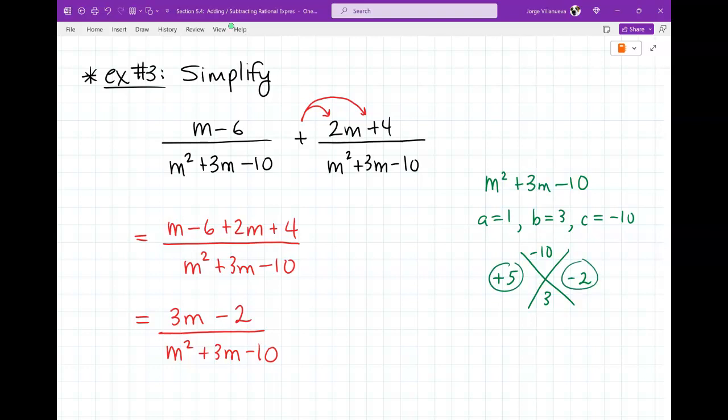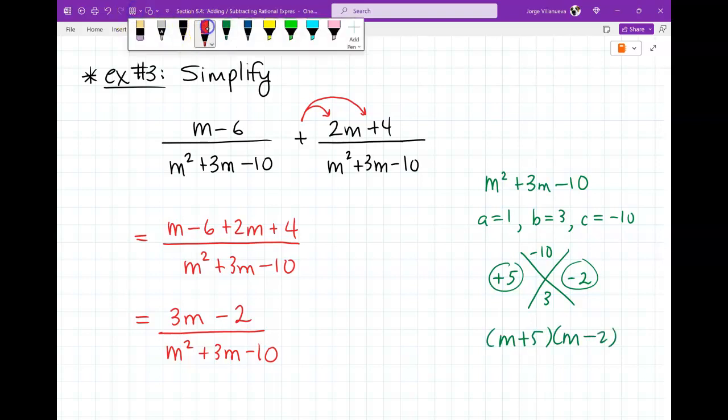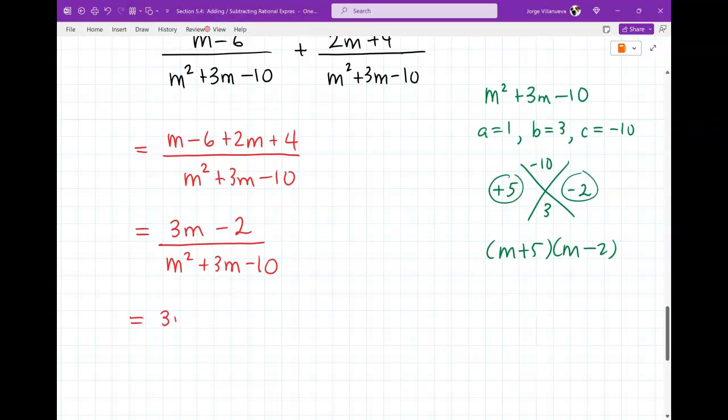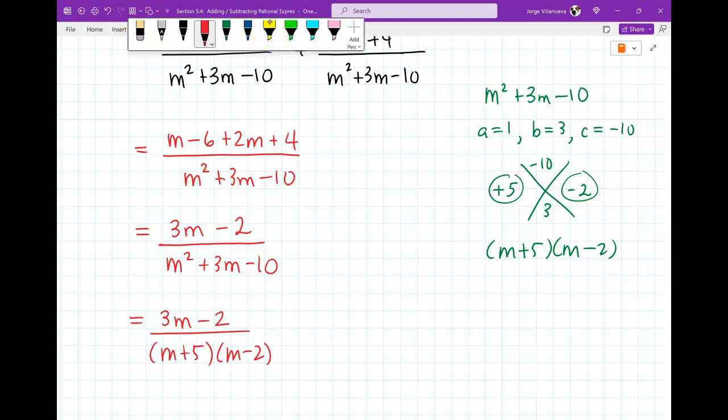Alright, so here we go. M plus 5, m minus 2. So I'm going to write that down in the next step, and then we'll see if we can do anything here. So 3m minus 2 over m plus 5 times m minus 2. Am I able to cancel this part out right here?